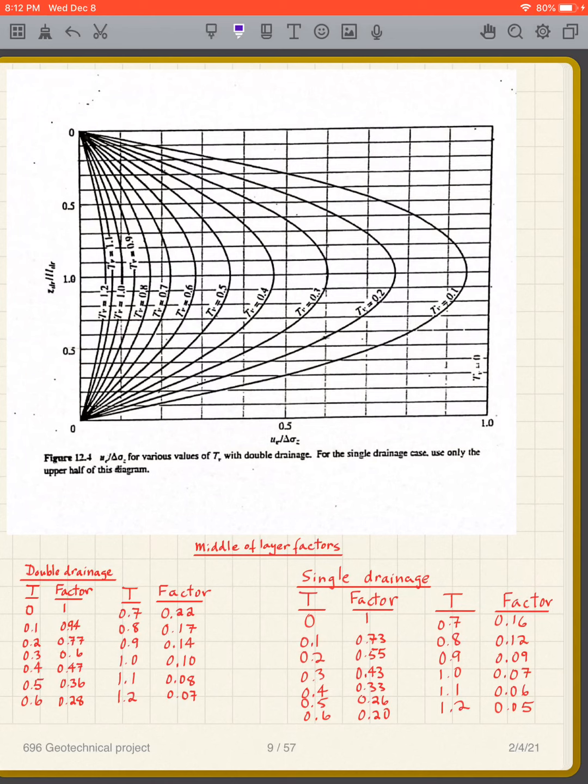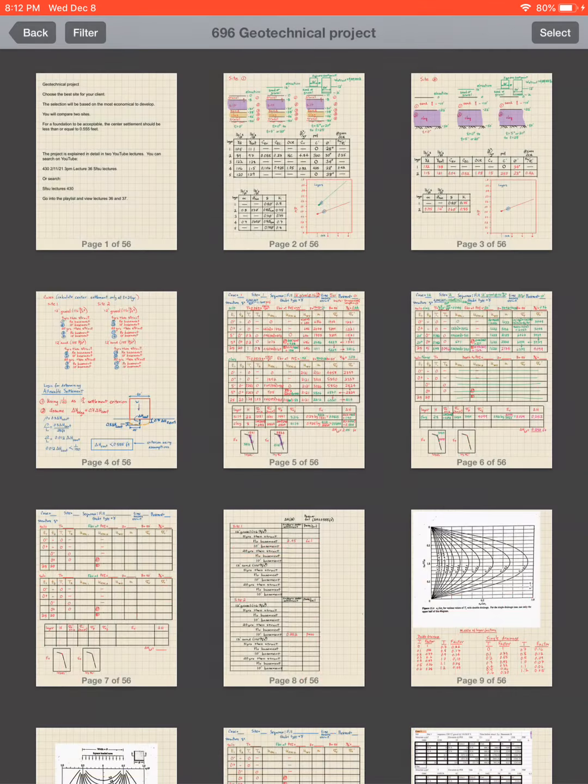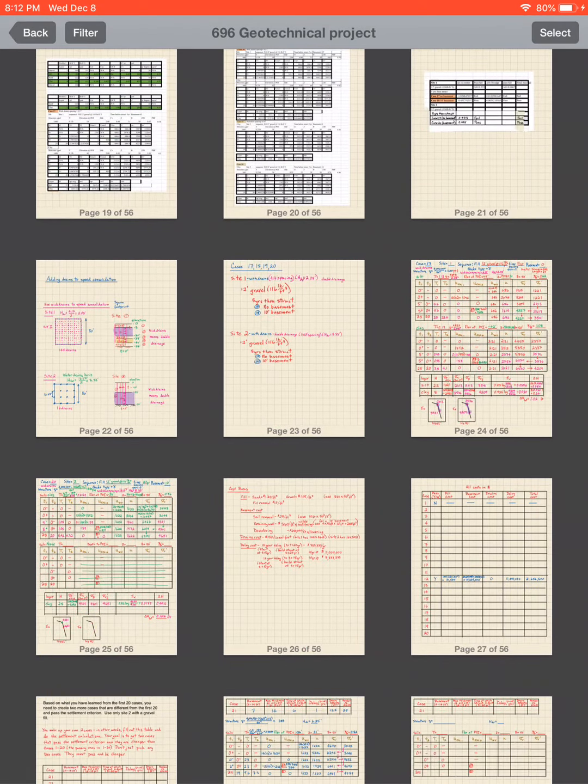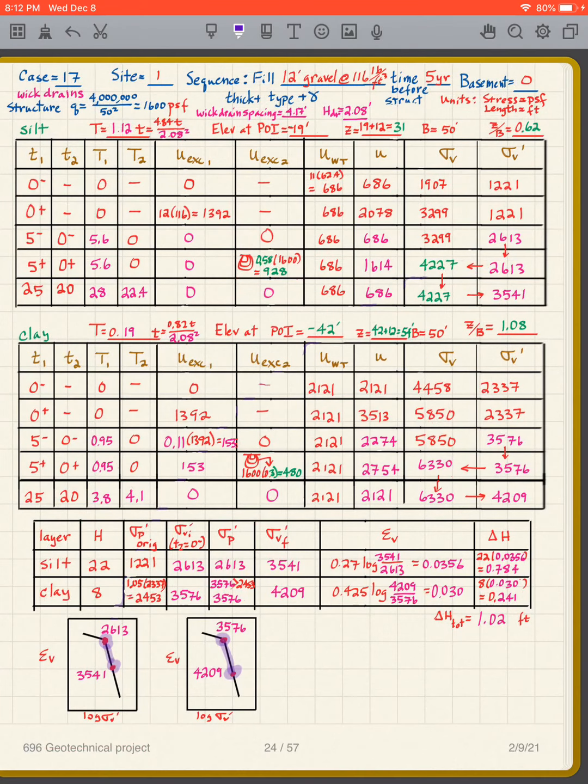It's double drainage, so I come in here and I'm looking for 0.95, which is in here approximately, and then I come down here and read off something that looks like 0.12 or 0.13, something like that. And I use 0.11.